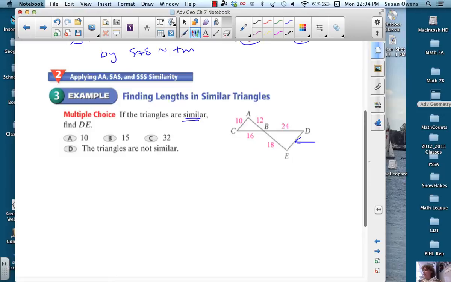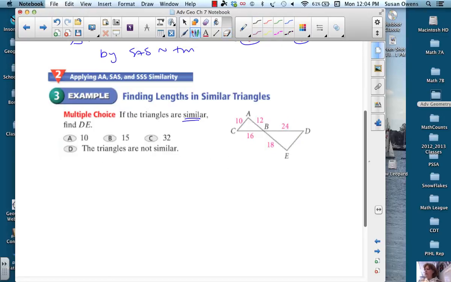Now, the issue I have with this one is if you take a look, this is 12 and this is 24 and this is 16 and this is 18. So there's no way that 12/24 equals 16/18. So it can't be true that they're similar by just the reflection of each other.